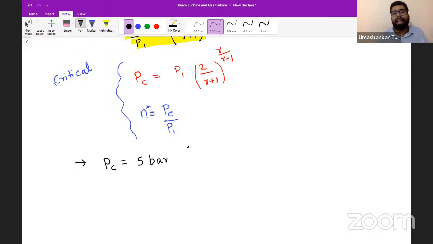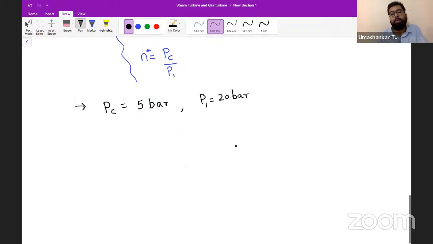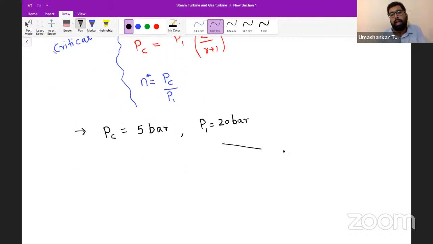So definitely the entry pressure will be greater than this pressure. Let's say our entry pressure is 20 bar. I'm just giving you an example. So let's say the entry pressure in a convergent nozzle is 20 bar.